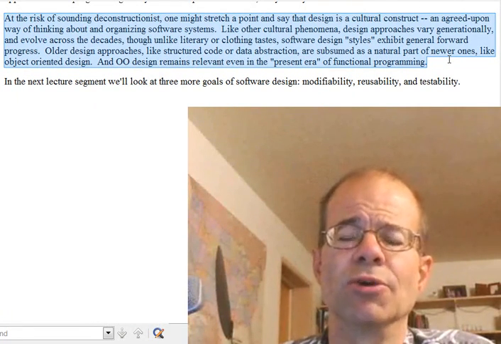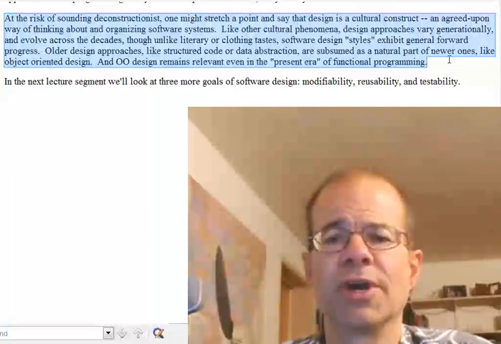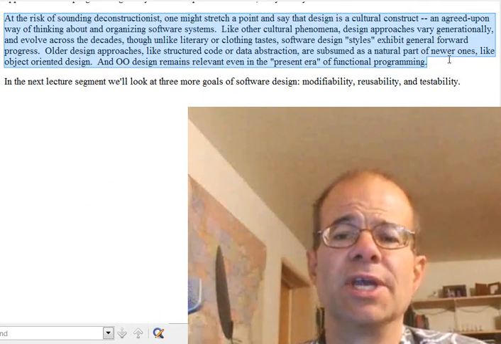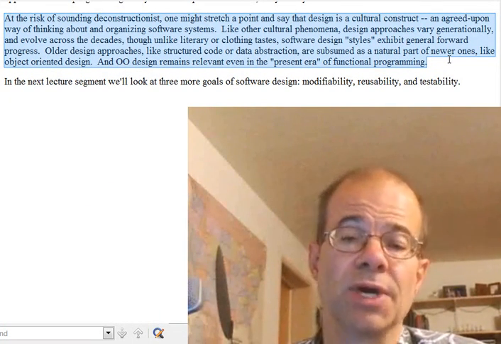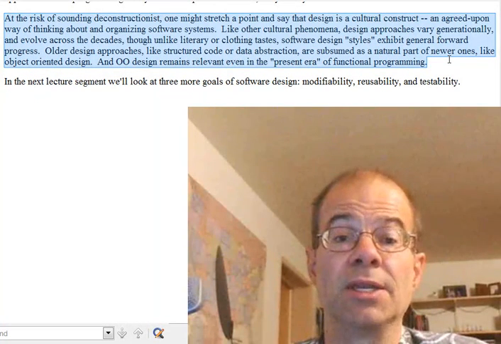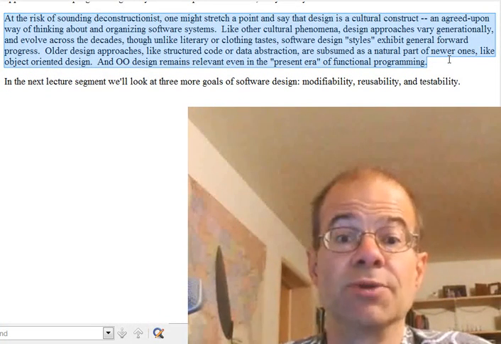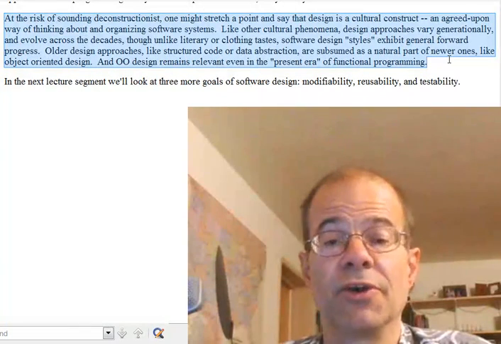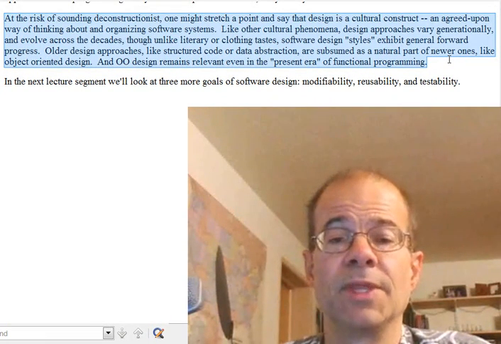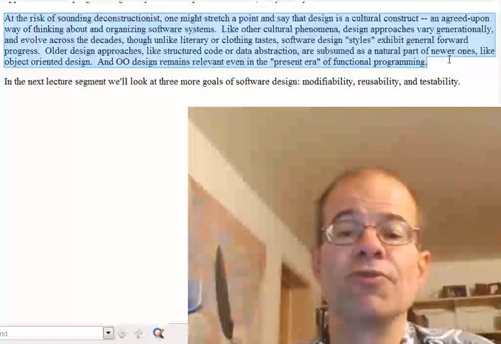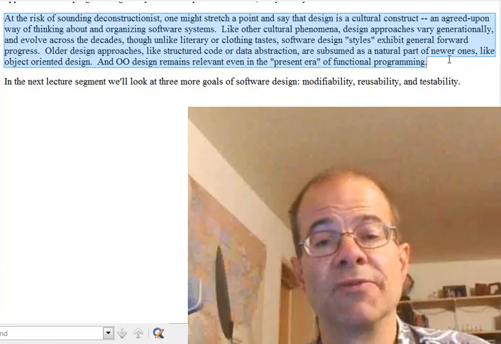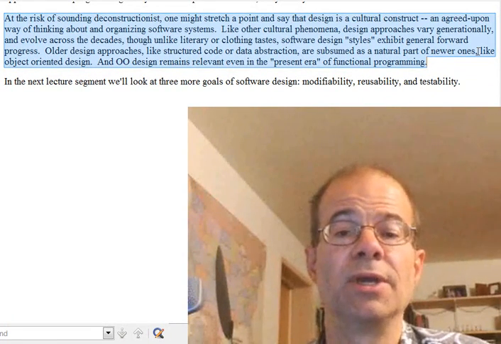Older design approaches, like structured code or data abstraction, are subsumed as a natural part of newer ones, like object-oriented design. And object-oriented design remains relevant even in the present era of functional programming. Now, in the next lecture segments, we'll look at three more goals of software design: modifiability, reusability, and testability.